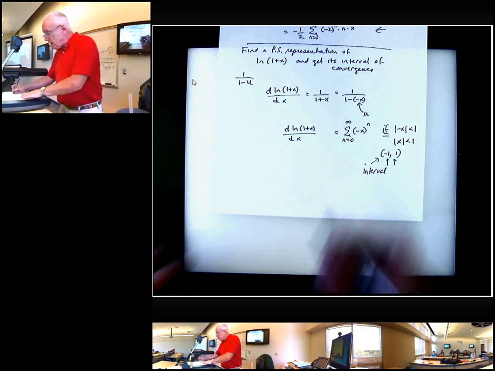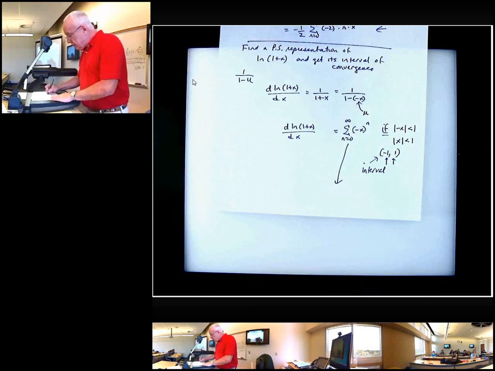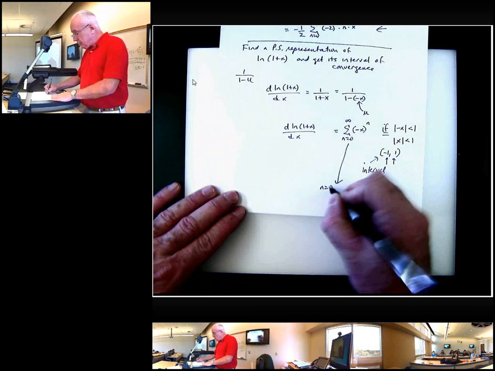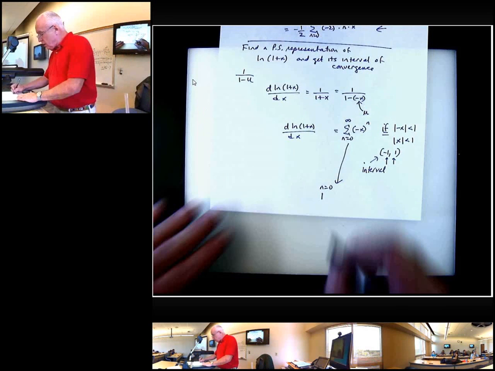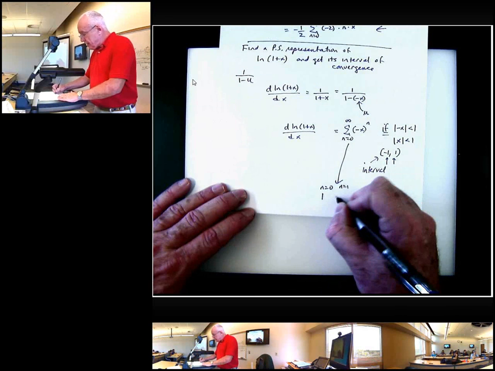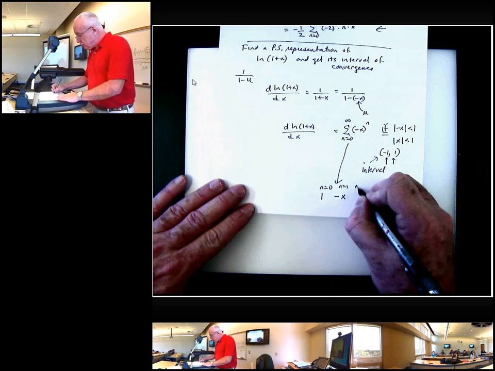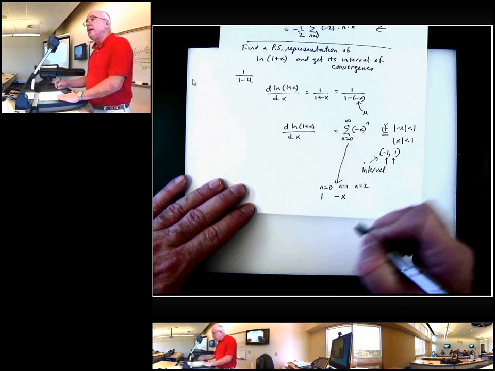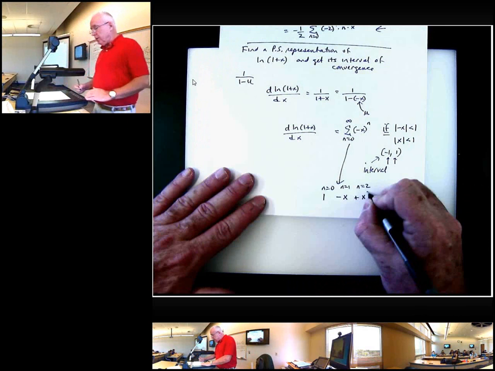So this summation, when n is equal to 0, anything to the 0 power is 1, right? When n is equal to 1, then it's negative x. And then when n is equal to 2, it's minus x in parentheses squared, so it's plus x squared.